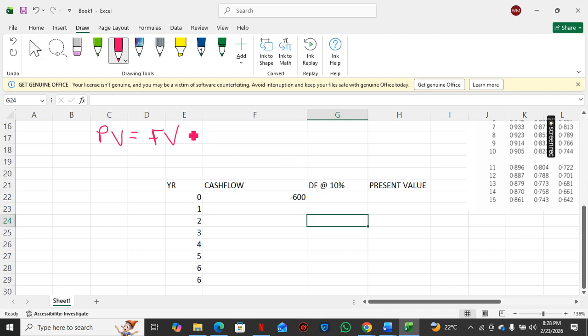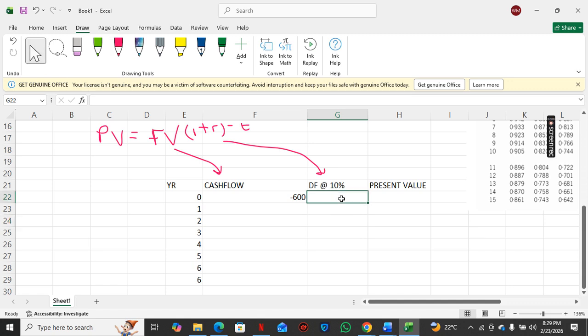This discount factor is 1 plus r to the power negative t. Our rate is 10%, and since we're in year 0, anything raised to the power 0 is always 1. So your discount factor for year 0 is 1.